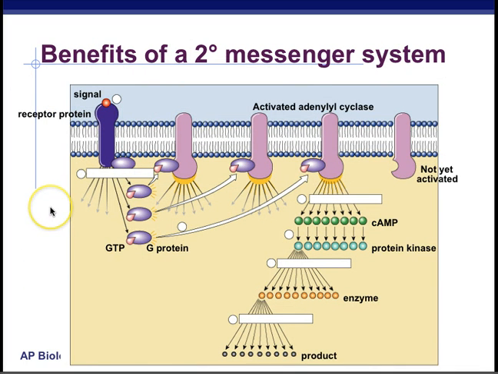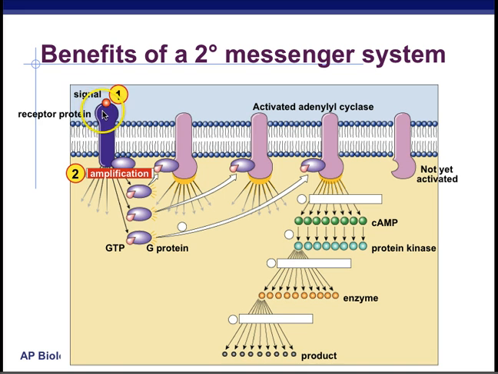Okay, so the benefits of a secondary messenger system. In other words, this idea of having a signal that lands on a receptor protein. All right, so we have this idea of a signal landing, and it doesn't go directly inside the cell, it lands on a receptor protein. So what would be the advantage, if you had to think about it? Well, here it is. It causes an amplification effect.